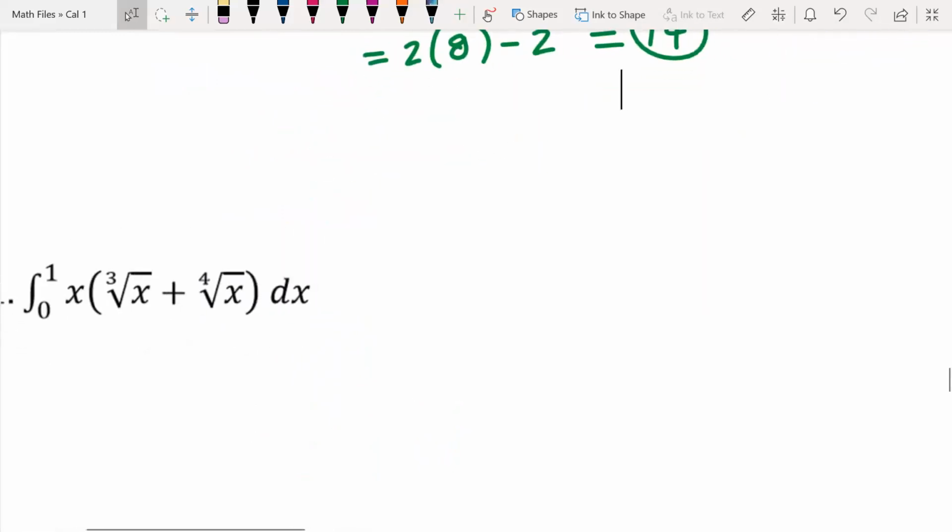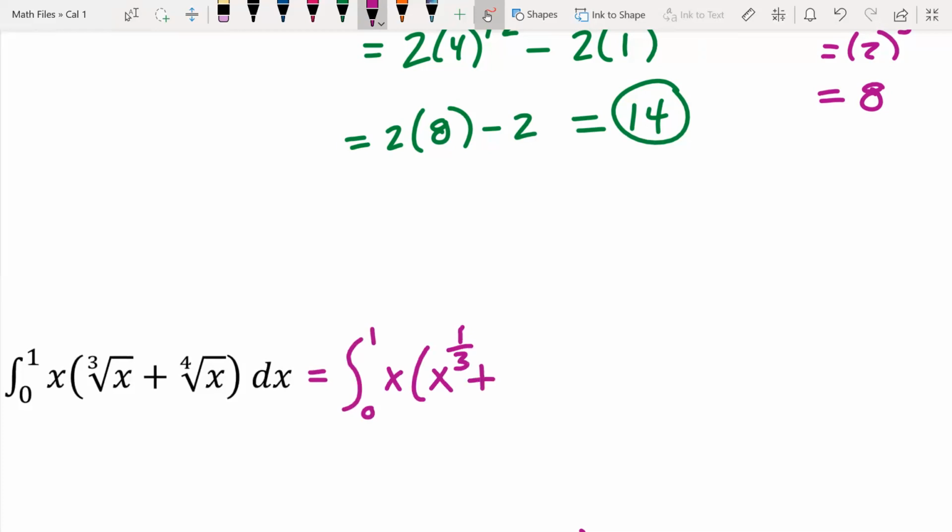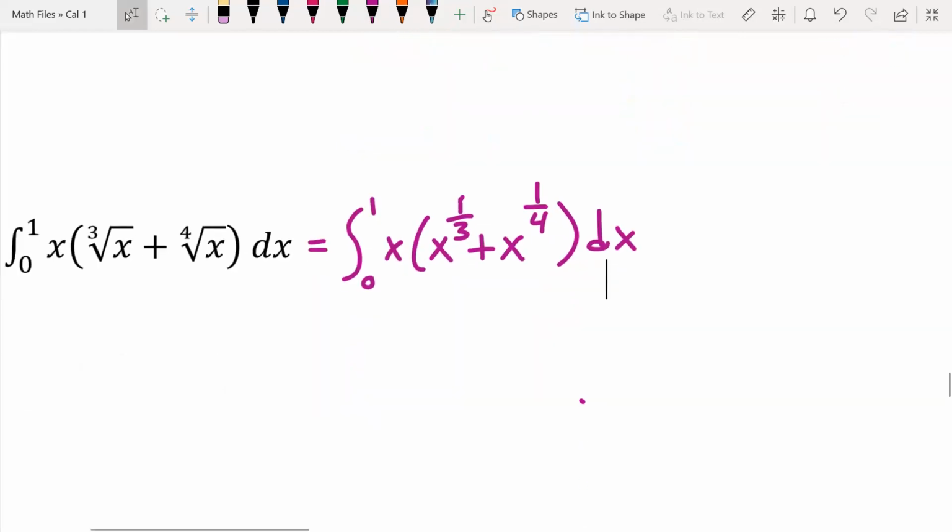11. We got some cleaning up to do. The integral from 0 to 1 of x times the cube root of x plus the fourth root of x dx. So we have to rewrite this as the integral from 0 to 1 of x times x to the 1/3 plus x to the 1/4 dx, and then distribute the x.